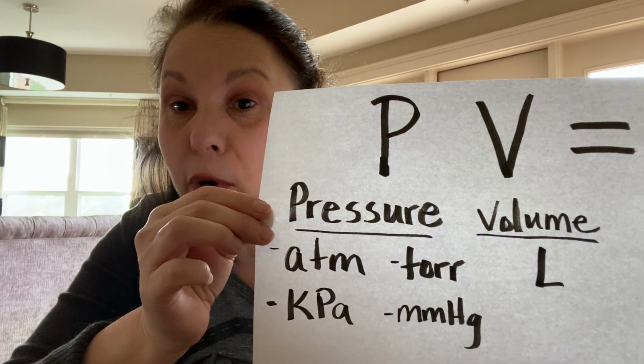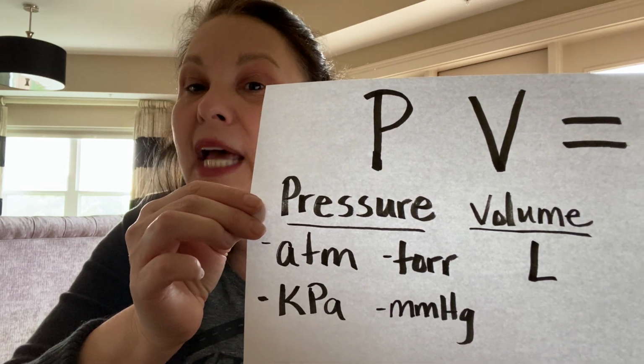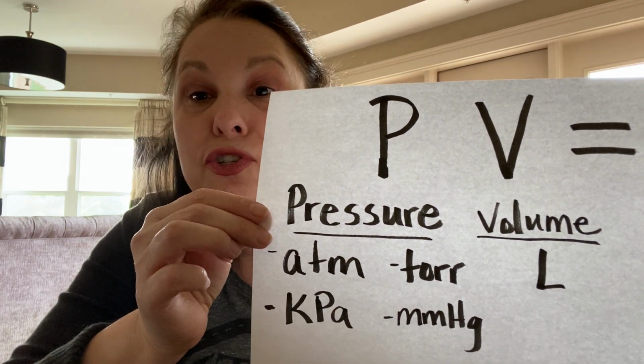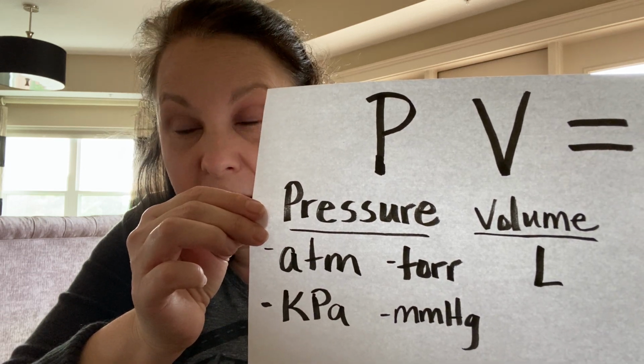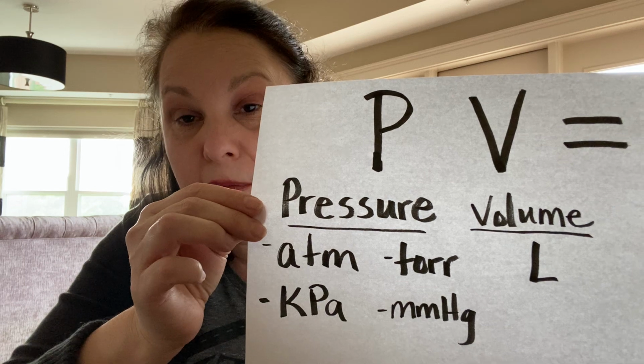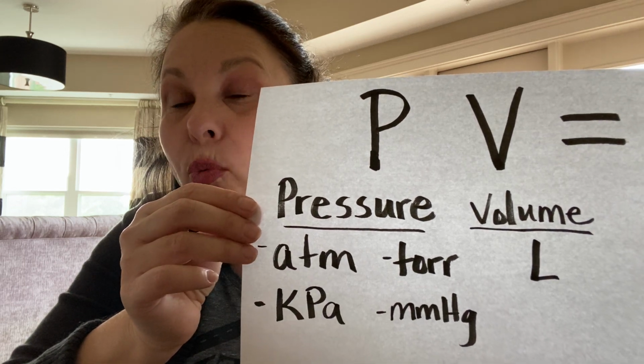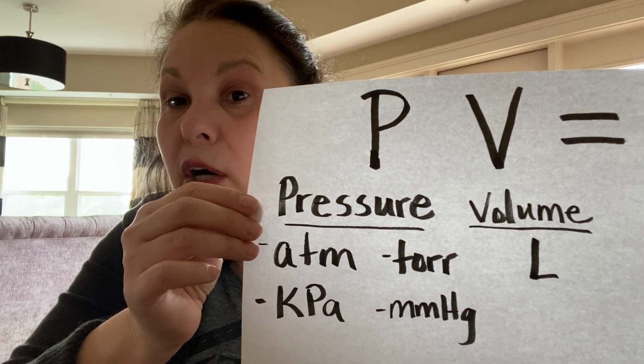In every single formula we use, when you see a P, that P is for pressure. So how do you know which one of the numbers that you're going to be dealing with is the number for pressure? Well, it will be followed by one of these 4 pressure units.